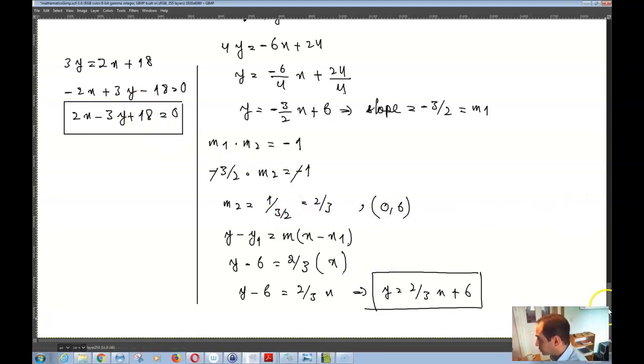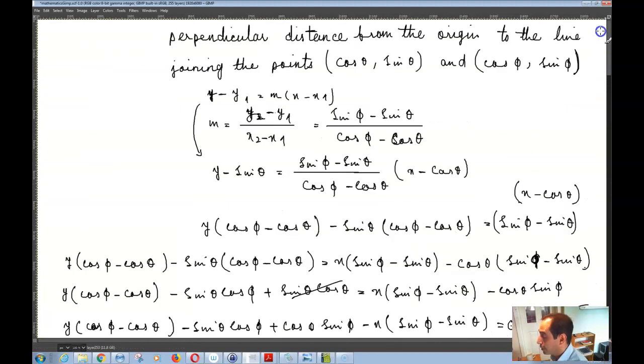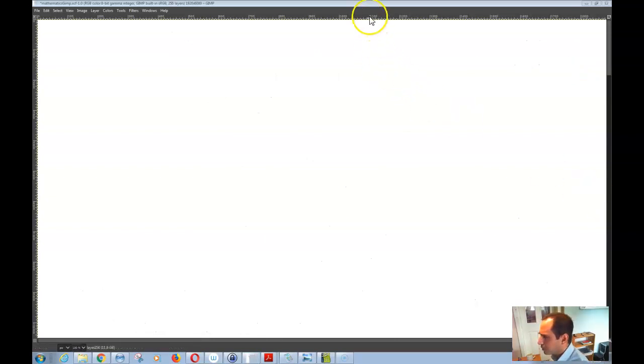Now the next question that we have is question number 8. Question number 8 is: find the area of the triangle formed by these lines. Okay.